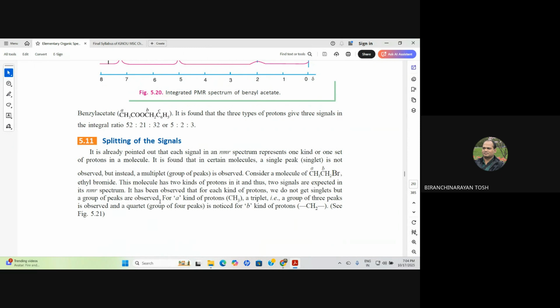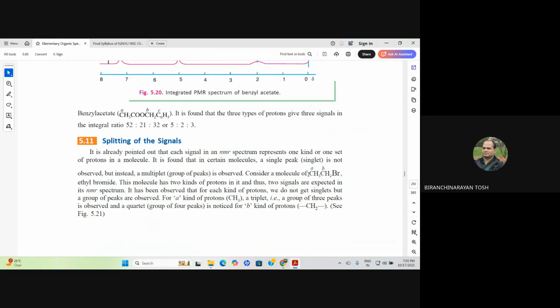For the A kind, that means three protons, a triplet, a group of three peaks, is observed, and for the B protons, we get a quartet, a group of four peaks.